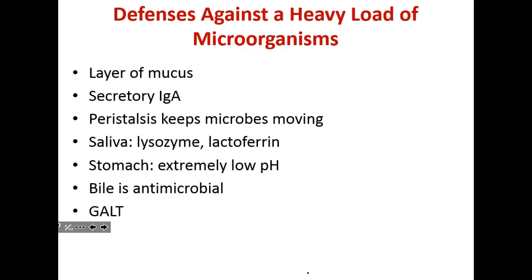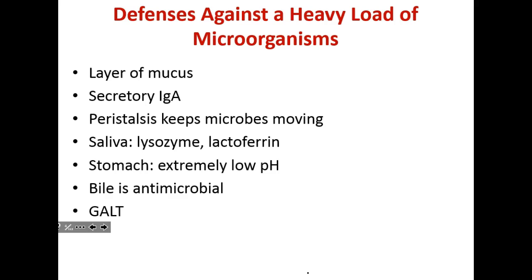Peristalsis keeps microbes moving. It is the involuntary constriction and relaxation of the muscles of the intestine or of another canal, creating wave-like movements that push the contents of the canal. So now do you know what that is? Involuntary movement, a wave-like motion that pushes it from where to where?